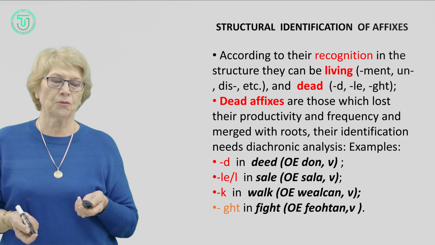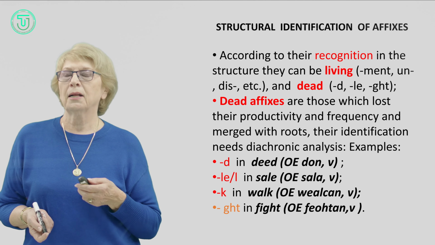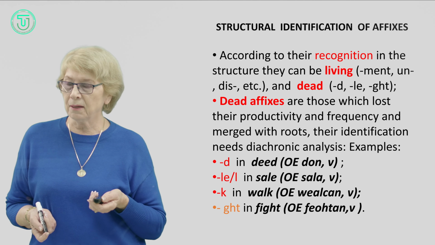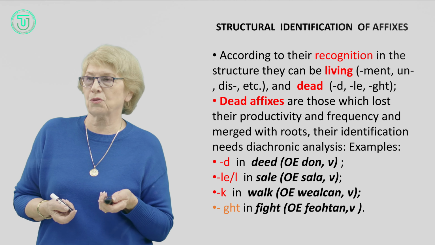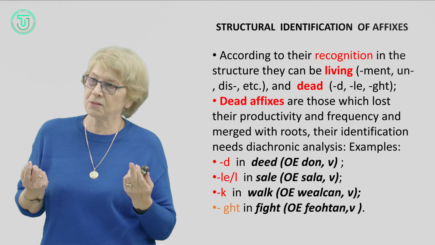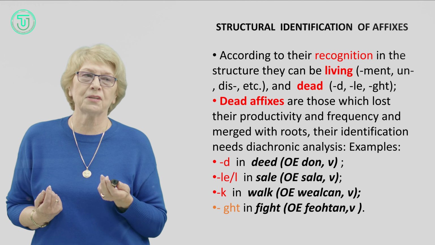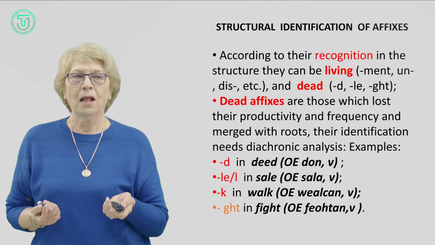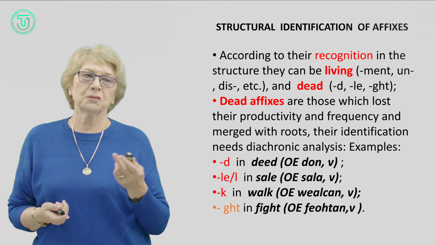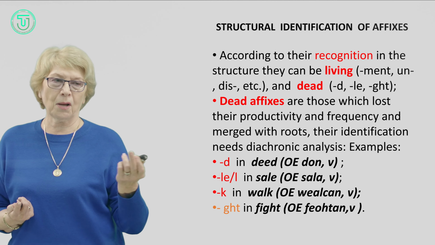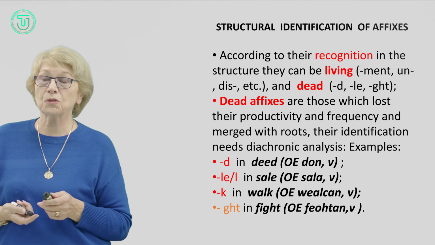And as you see from this slide, from the examples, affixes from this point of view can be classified into living, that is, we can identify them within the structure of the word. They are obvious to us, right? And dead, because in modern English, these affixes are already dead. So we don't use them to produce neologisms, and they are within the root of the word.